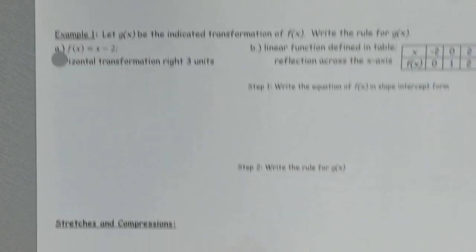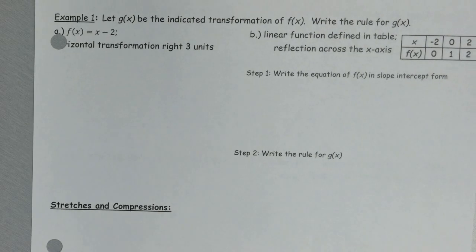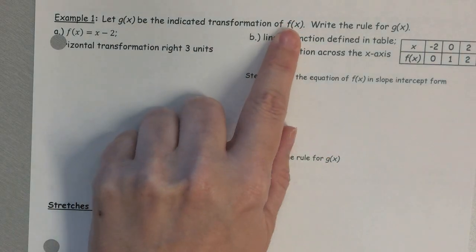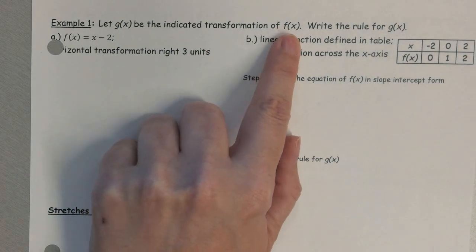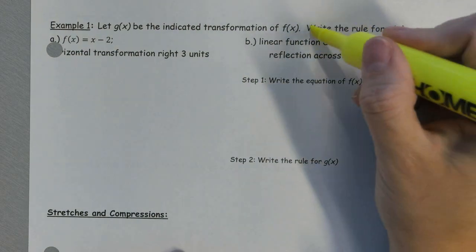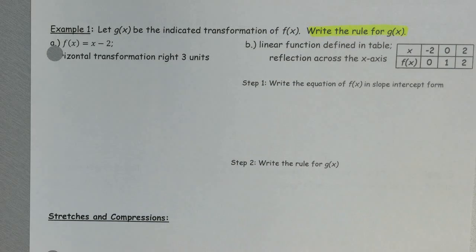Alright, so let's read through the directions here. It says, let g of x be the indicated transformation of f of x. So g of x and f of x, that is just function notation. And then what it's telling us to do is write the rule for g of x.